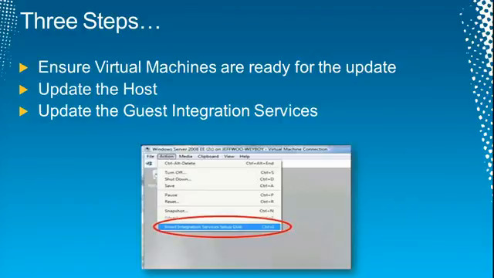Once the host has been updated, you need to make sure that the integration services inside the virtual machines are the same version as the host. One way to do that is to have Service Pack 1 inside the virtual machines. So if your virtual machines are running Windows Server 2008 R2, you can also update those virtual machines to Service Pack 1. That will update the integration components and make sure that the virtual machines can use dynamic memory.